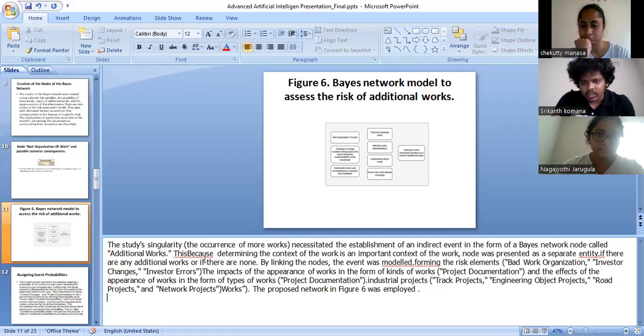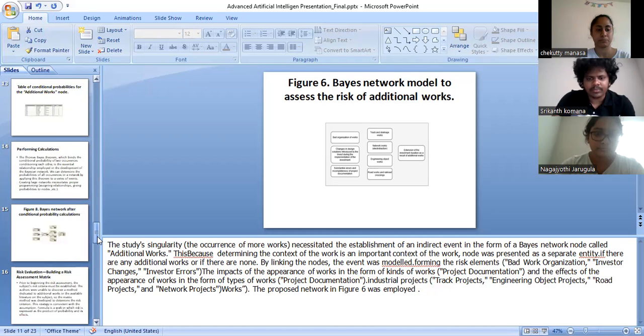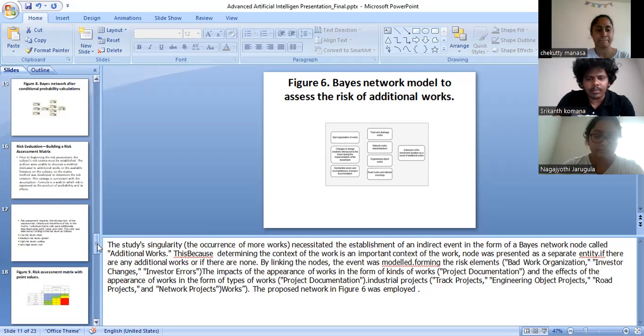By linking the nodes, the events of the model are formed. The risk elements are bad work organization and investor changes. The impact of the appearance of work is in the form of the kind of works, project documentation, and the effects of the appearance of work, forming types of works: industrial projects, track projects, and network projects. The proposed network was employed.